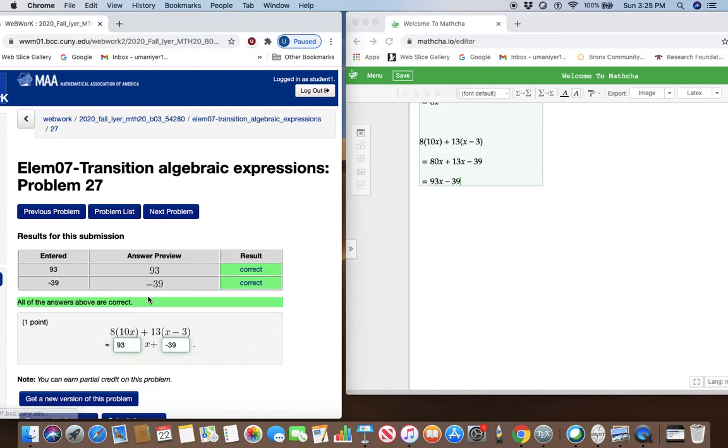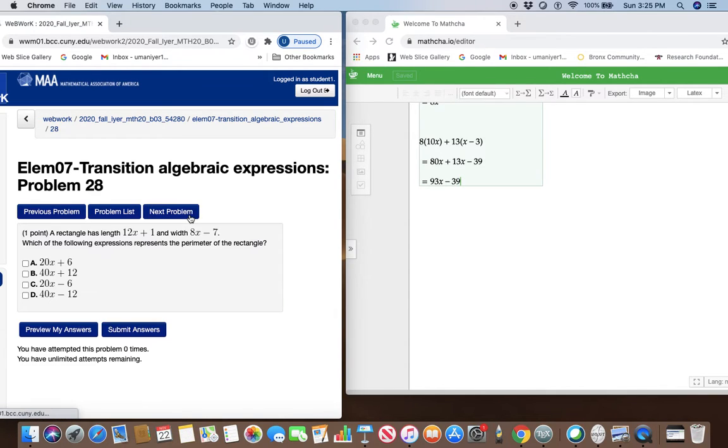Next. A rectangle has length 12x plus 1, width 8x minus 7. Okay, length equals 12x plus 1 and width equals 8x minus 7. Perimeter.